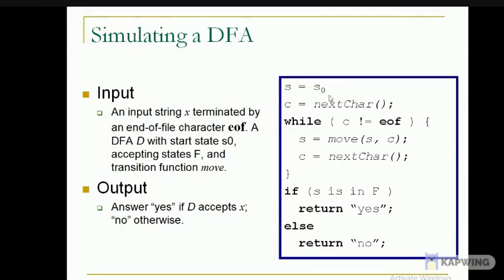So first you have to take the initial state equal to S0. S0 is the initial starting state, and you are going to get the characters using the function xchar, so that will be copied into C.